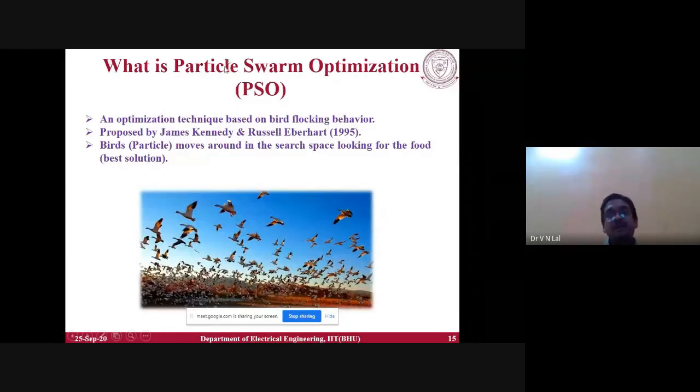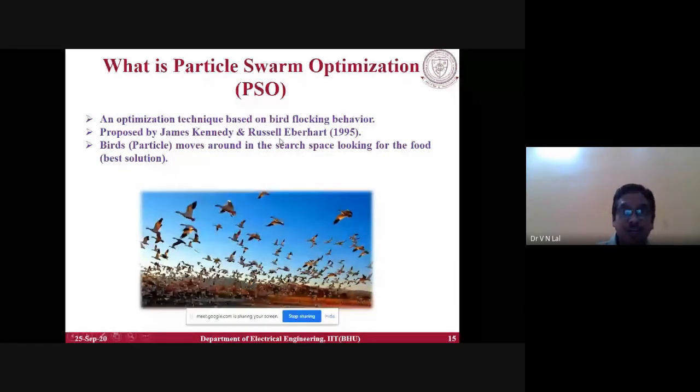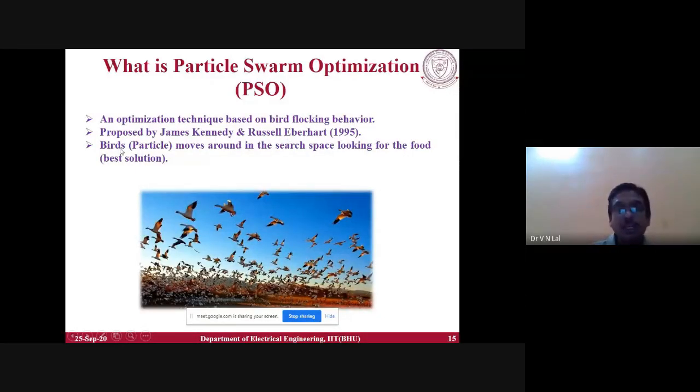Swarm means a group or cluster, and flock again means a cluster of birds. So it is inspired by the behavior of a group or flock of birds in search of food. It was proposed way back in 1995 by James Kennedy and Mr. Russell.